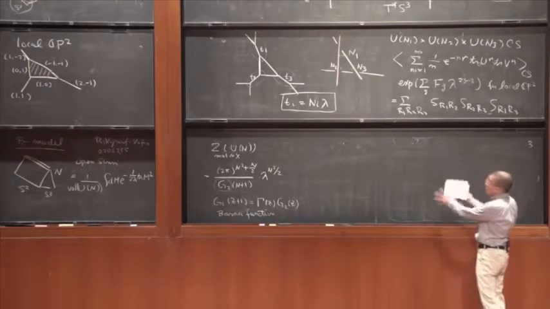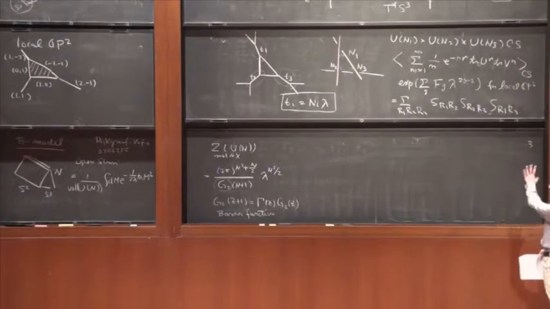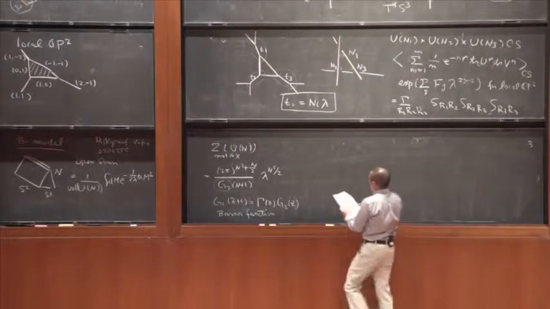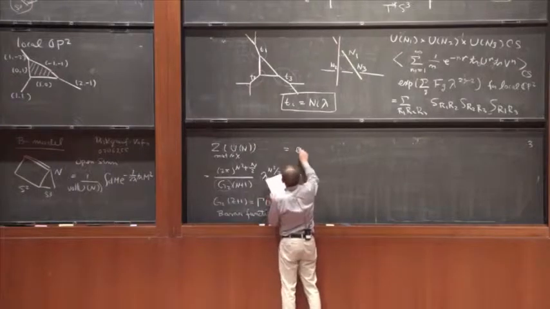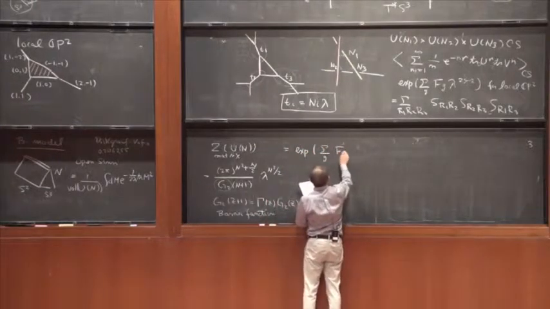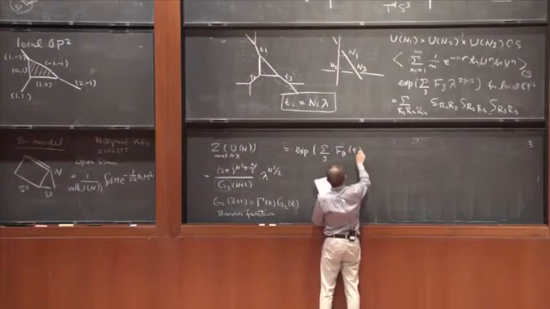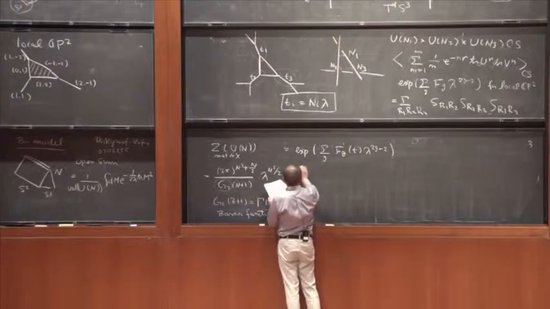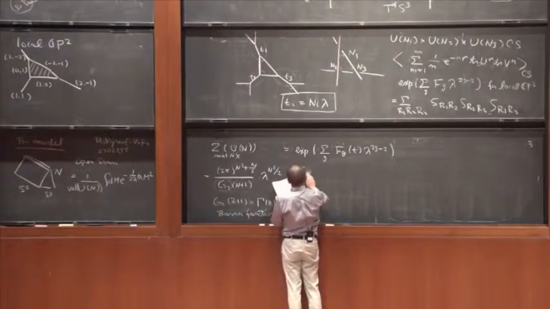Now, as in the case of Chern-Simons theory, and in general for open-closed string duality, we can expand this thing as the exponential of the closed topological string amplitude. And it turns out that this has an expression like this.